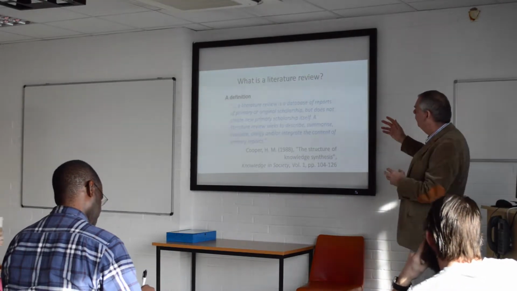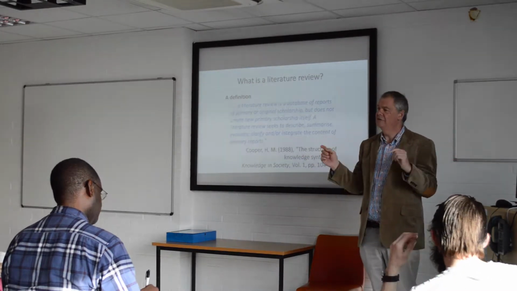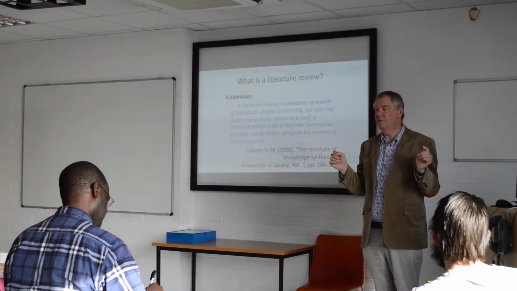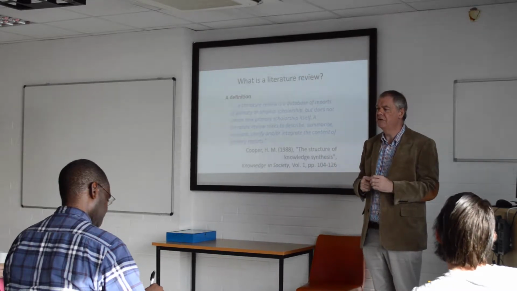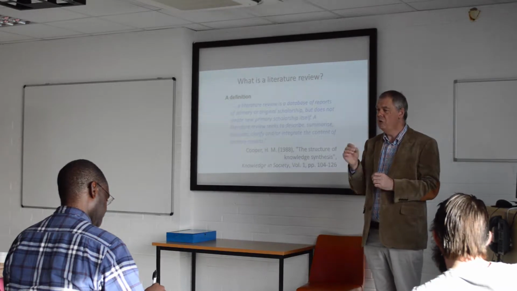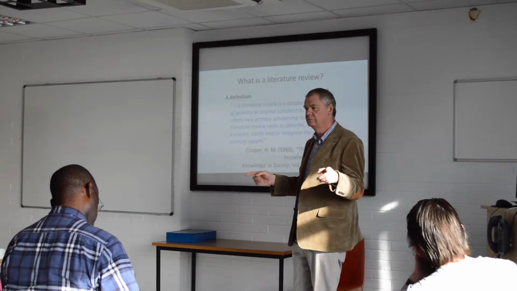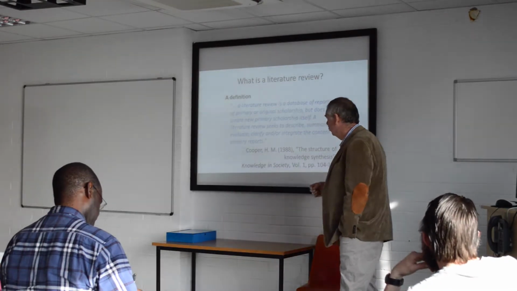of primary or original scholarship. We've talked about the difference between primary and secondary scholarship. Primary scholarship or primary research is new knowledge, new to the world, new thoughts people have never thought before, originality. Okay, that's primary scholarship.